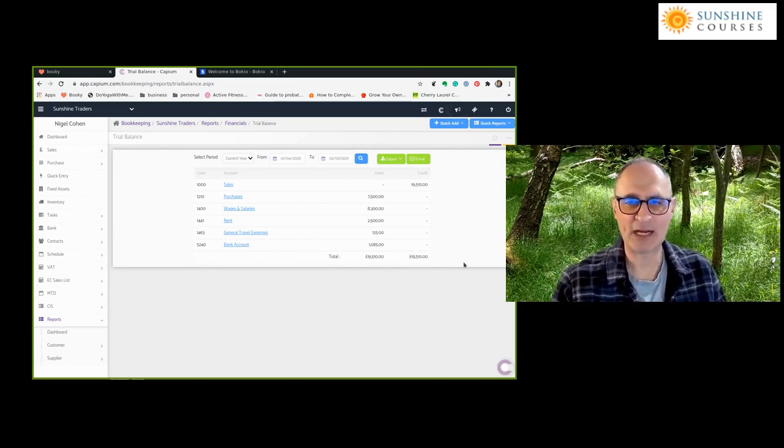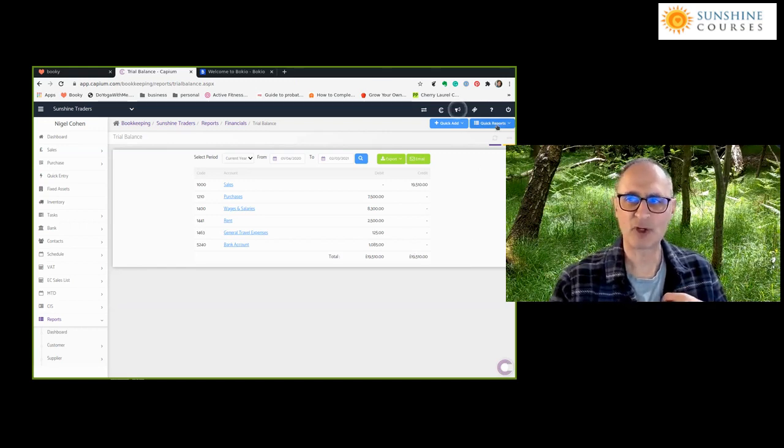The computer is going to enter a double entry for you regardless, but if you don't tell it where to enter it to, it'll just make up somewhere and put it in some miscellaneous place for you to fix later. But my trial balance has now come really easily just from each of the individual transactions.